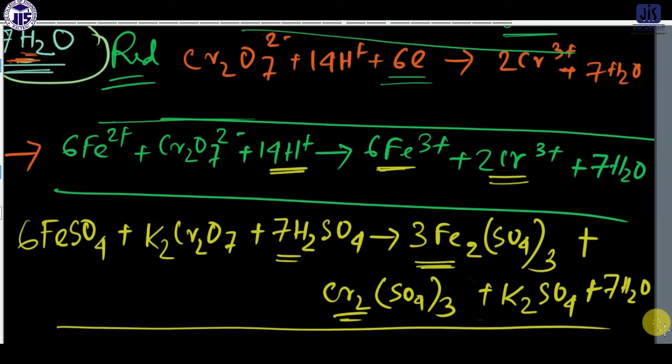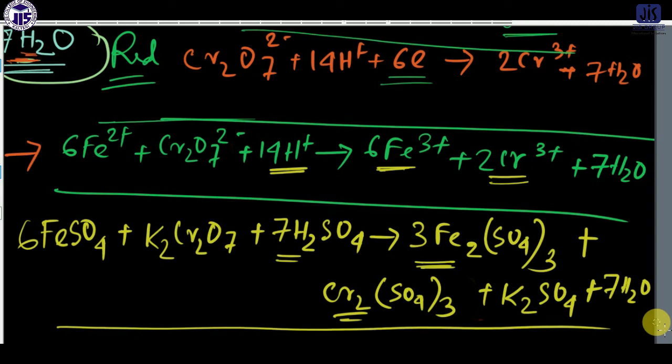If it is a basic medium, then you have to use OH-, the other case. And then you have to balance the electrons. Then you have to write down the full ionic reaction, and from it write down the full reaction.